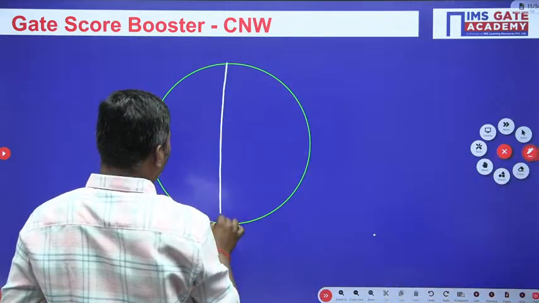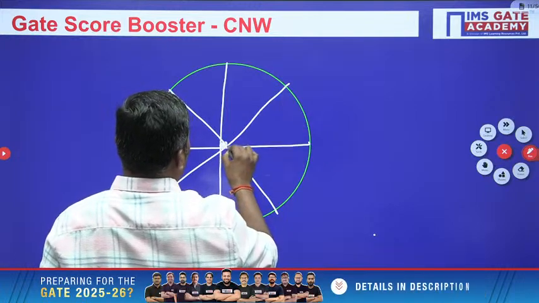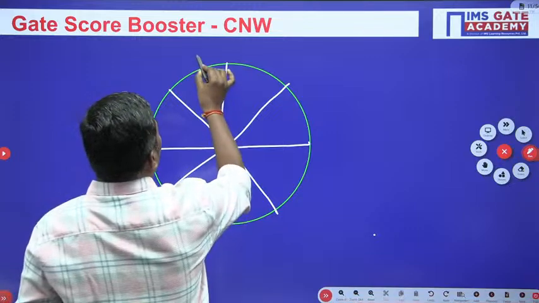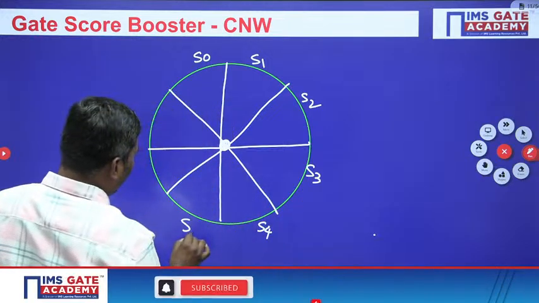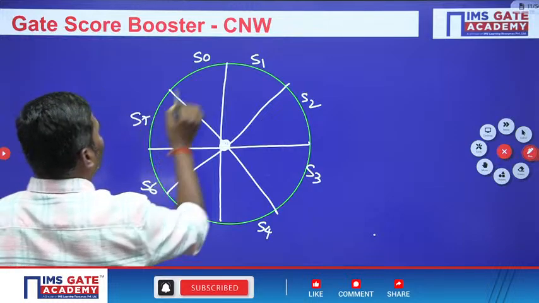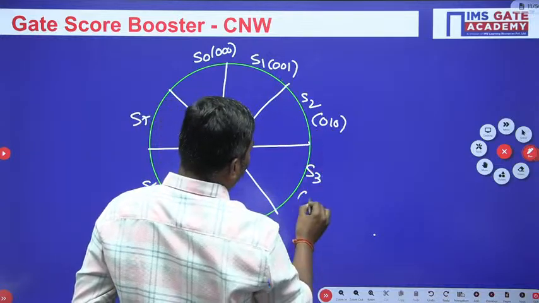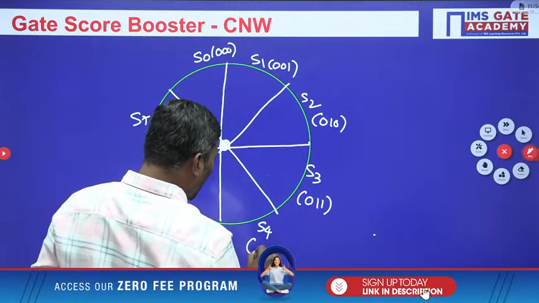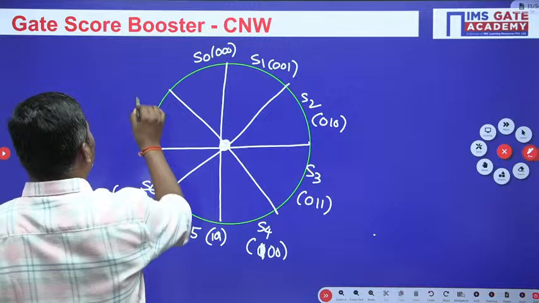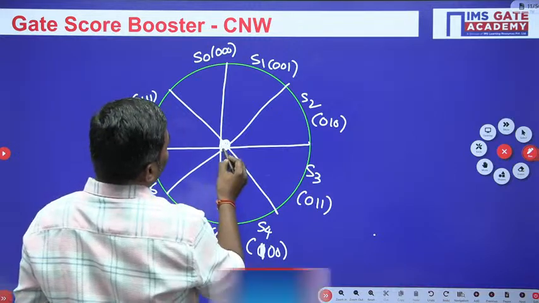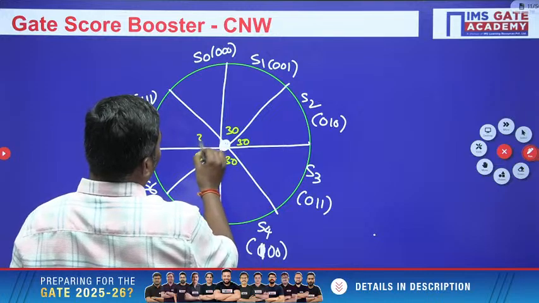Let me write them as S0, subnet 1, subnet 2, subnet 3, subnet 4, subnet 5, subnet 6, subnet 7. If I number them in bits, 000, 001, 010, 011, 100, 101, 110, and this last one is 111, correct or not? Each subnet size holds 30 hosts at most.